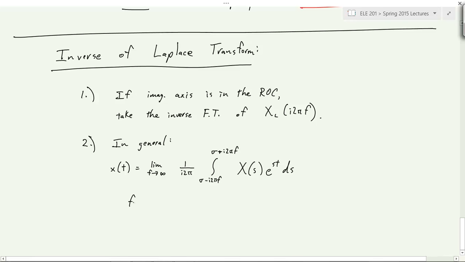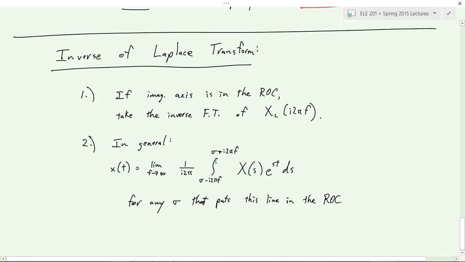But the point, what's wrapped up in this expression, is that you do this for any sigma that puts this line in the region of convergence. So what this is really saying is just integrate. This here says limit of frequencies of f such that you keep the real part fixed and you just go over the imaginary line.